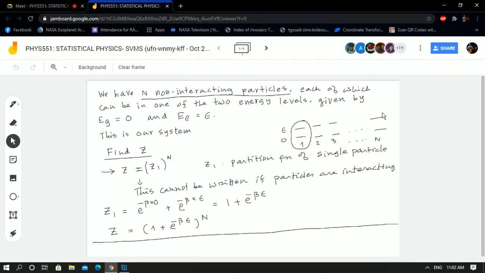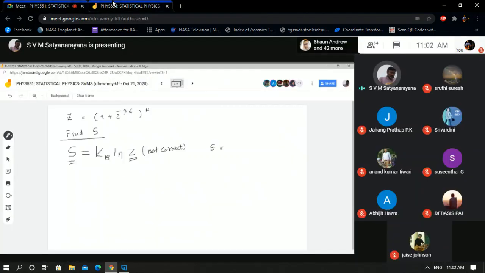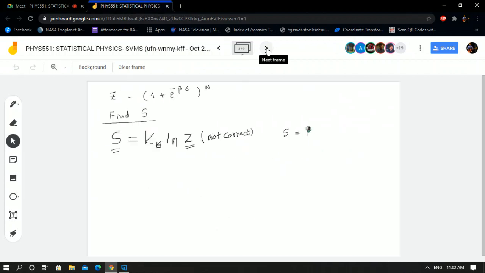As Anand was saying, if you take k_B logarithm of omega in the microcanonical ensemble, you find the number of microstates, and then entropy is related. This is our Boltzmann formula. Here you don't have that, you have Z, and Z is not related to that.